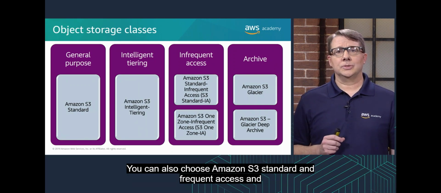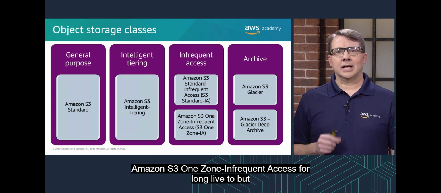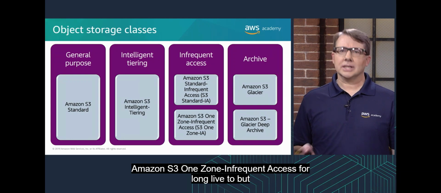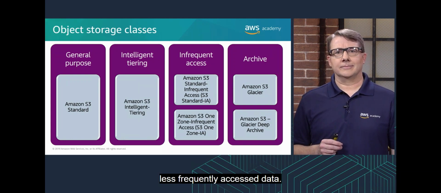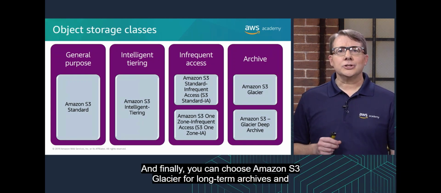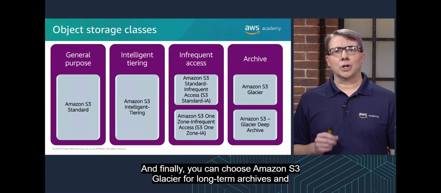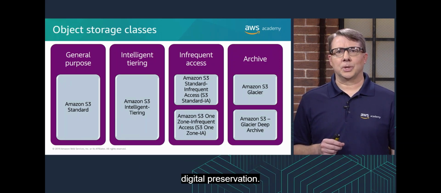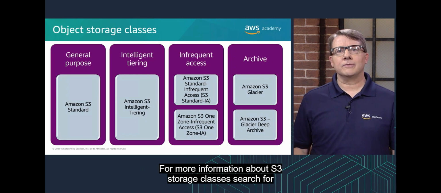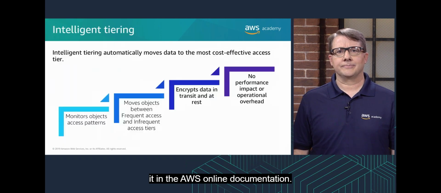You can also choose Amazon S3 Standard-Infrequent Access and Amazon S3 One Zone-Infrequent Access for long-lived but less frequently accessed data. And finally, you can choose Amazon S3 Glacier for long-term archives and digital preservation. For more information about S3 storage classes, search for it in the AWS online documentation.